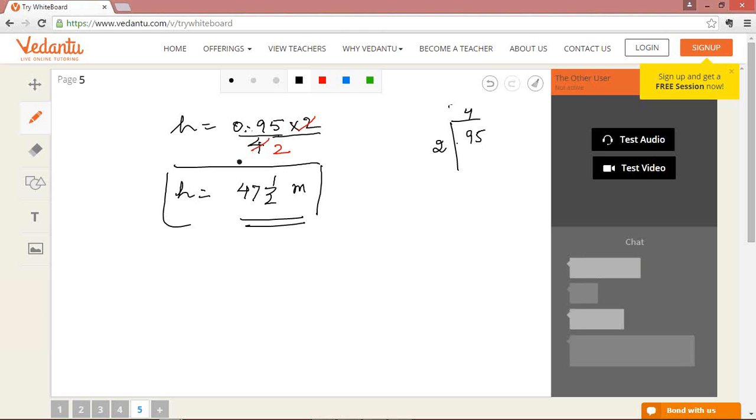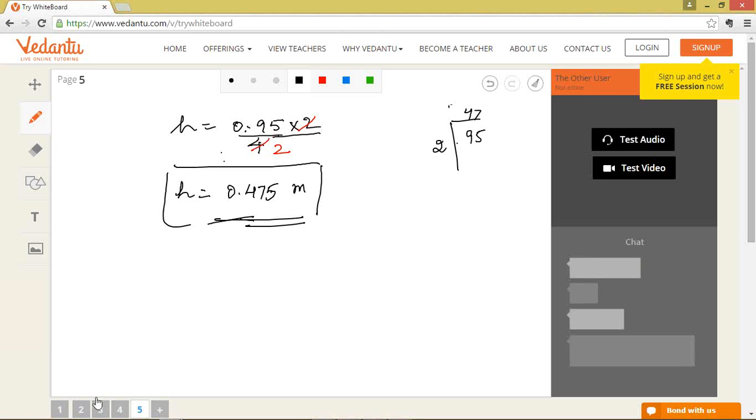But the point is there, so it has to be 0.475. Yes, it is 0.475. So this is how we get the height.